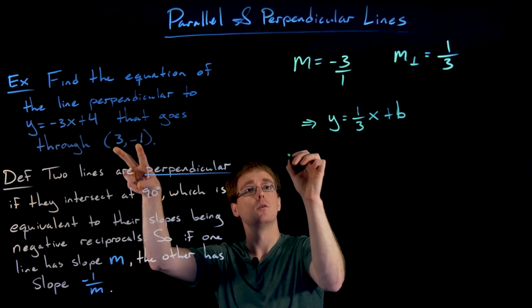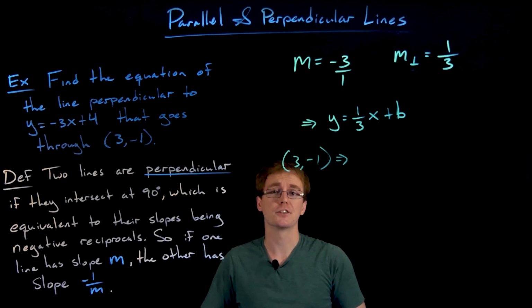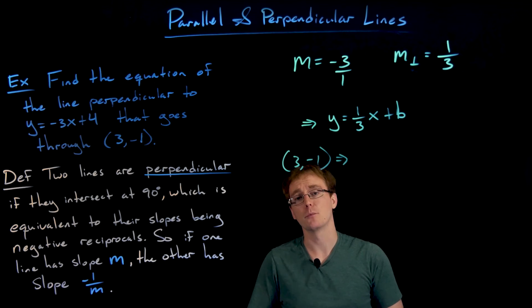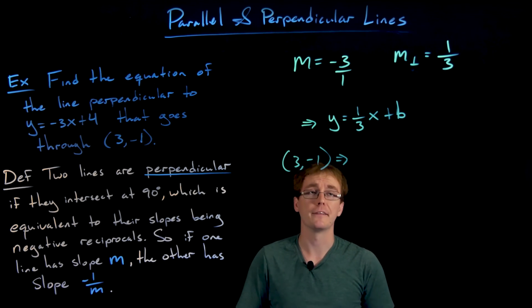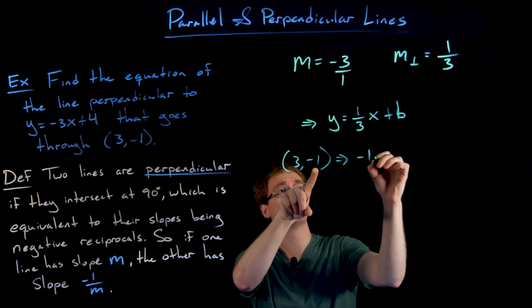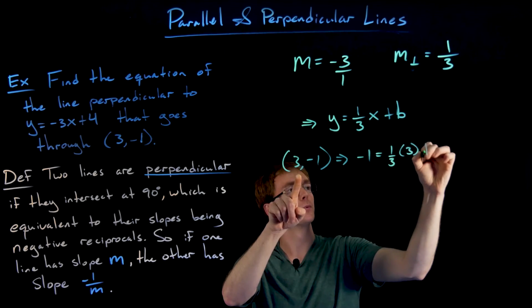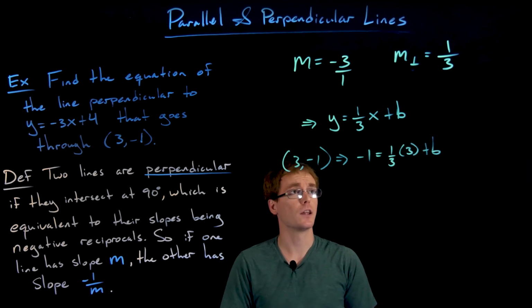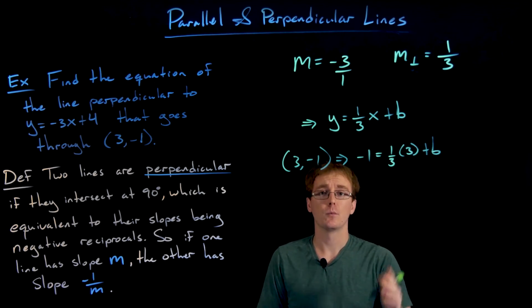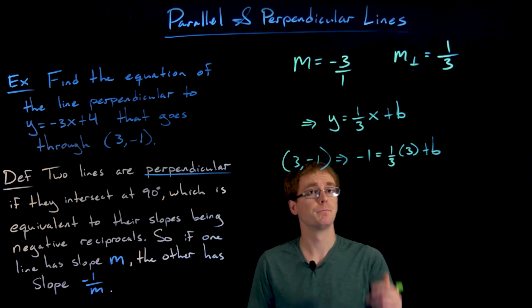Unfortunately, the point we were given, 3, -1, is not the y-intercept, so it does not tell us the b value right away, but we can use that to help us find that missing b value, because we know if we plug in y equals -1 along with x equals 3 into the equation for our line, it'll give us a true statement with only one unknown, that unknown being our number b.